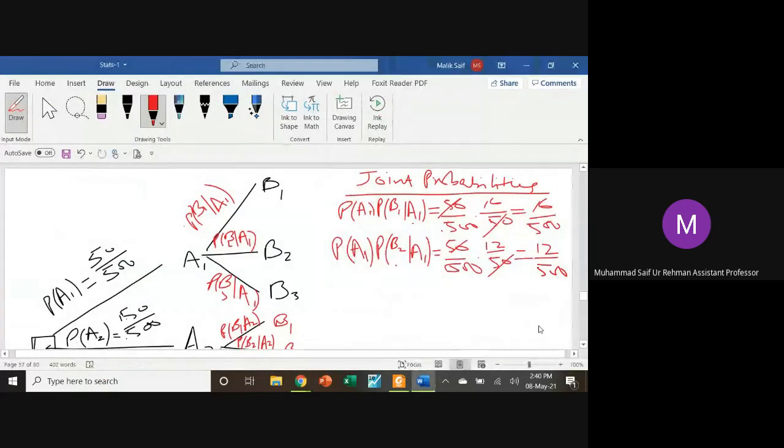Okay. Then for the third situation, probability of A1, probability of B3 given A1.